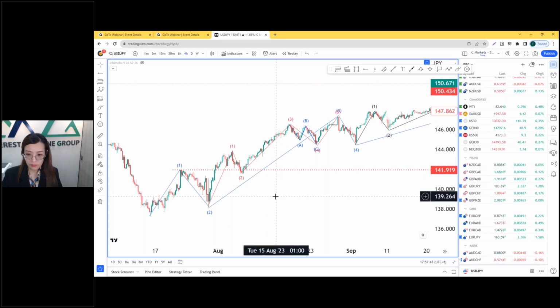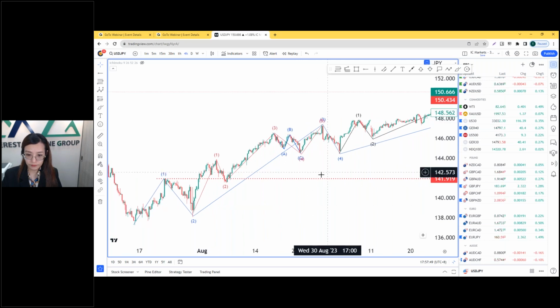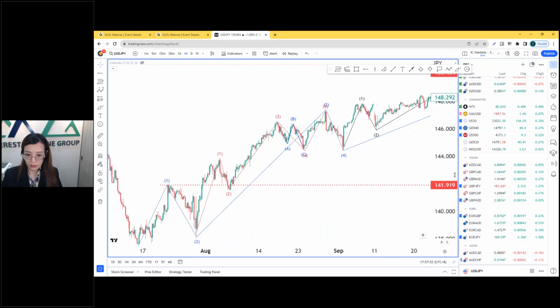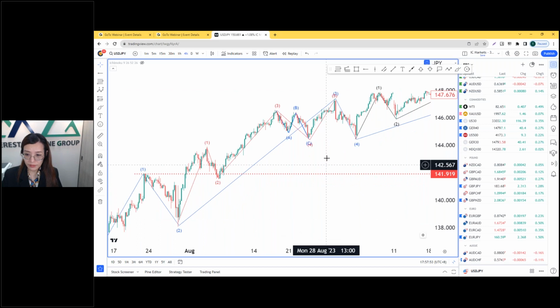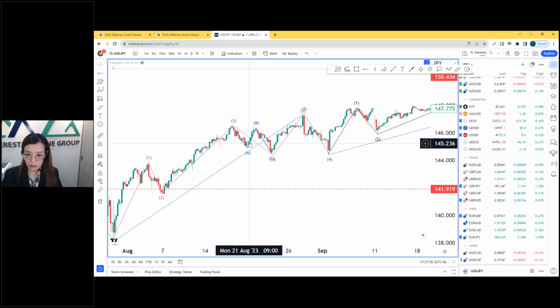And within wave 3, which is wave 2 over here, or wave 4, you find the collective wave, like here, A B C, which is wave 4. How it looks is like this.